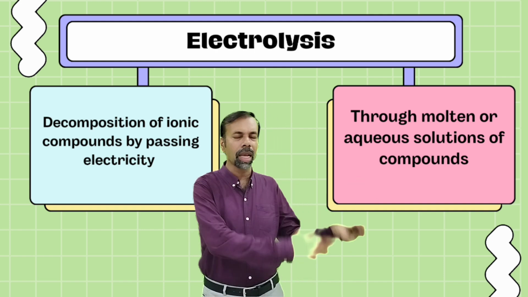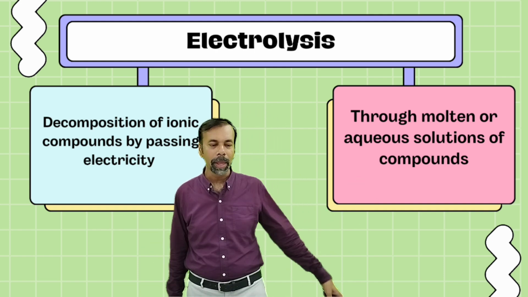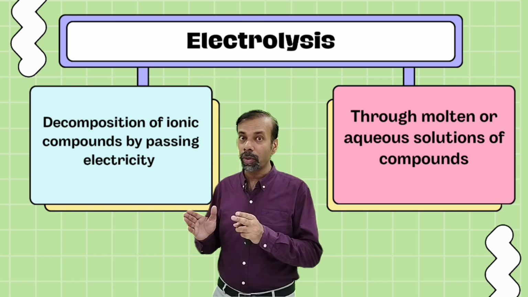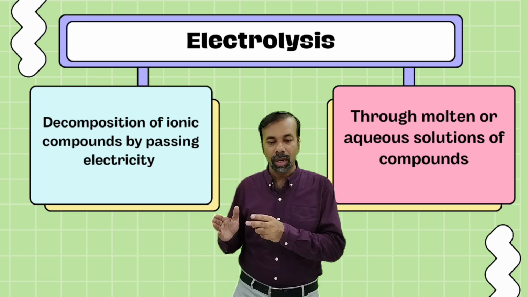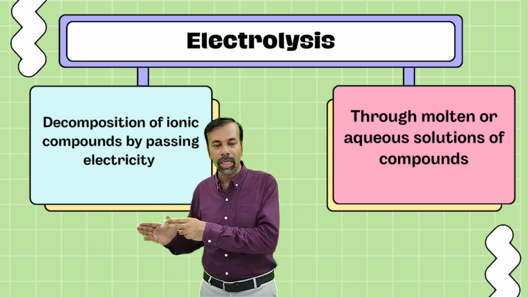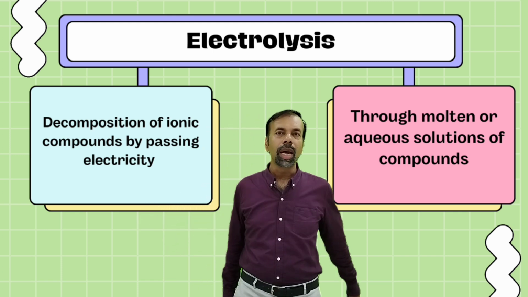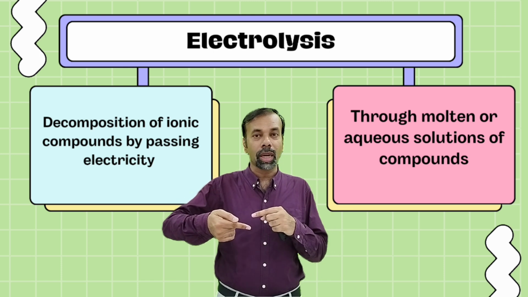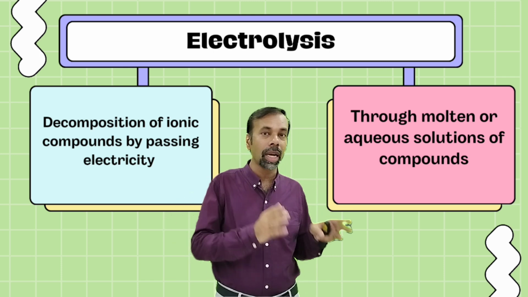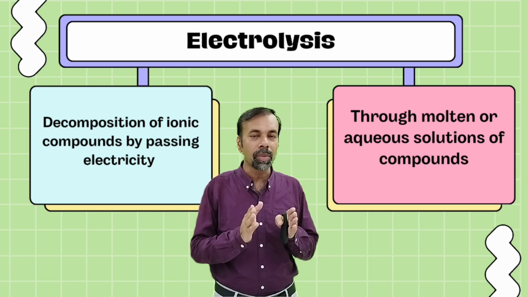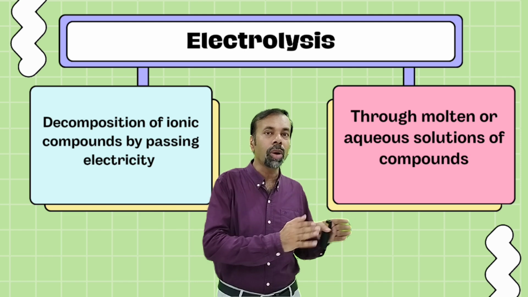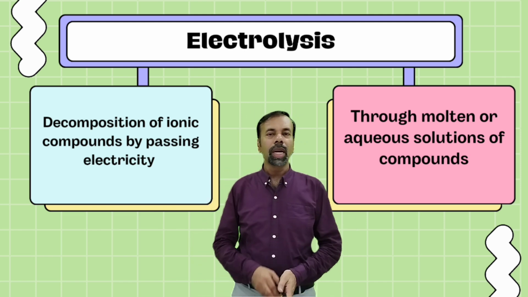We will discuss all these examples in this video. So electrolysis is decomposition of compounds, mostly ionic compounds, into its components by passing electricity. Such substances which decompose into their components are known as electrolytes. Electrolytes are mostly in the form of liquid, either in molten form or aqueous solution form.